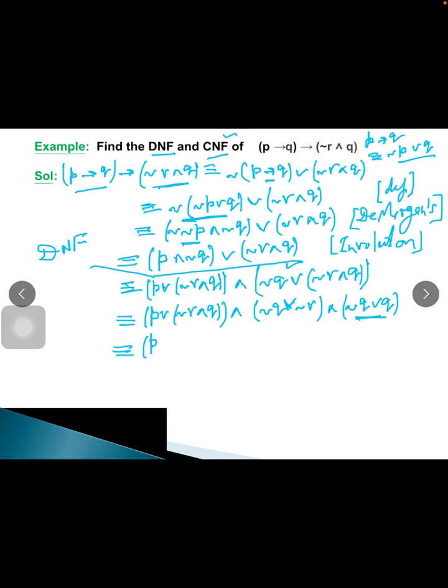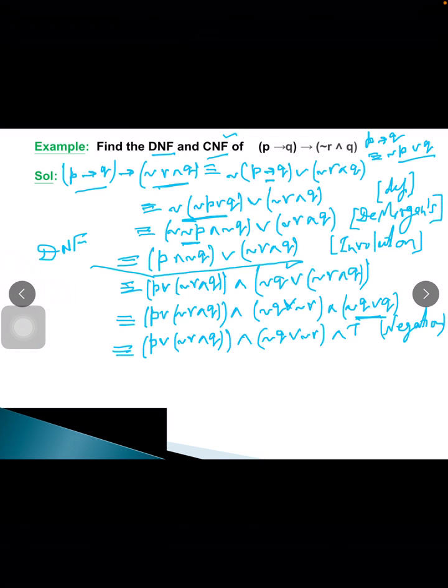So this is P or (negation R and Q), and (negation Q or negation R), and true, T. So here we use the negation law.